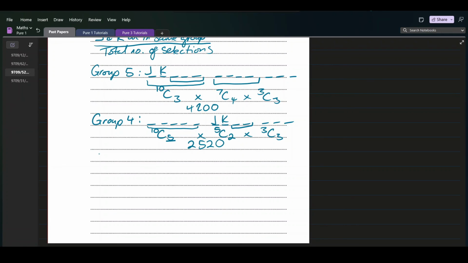2,520. Now let's move on to the group of 3. In this scenario, J and Kaz are in the group of 3. So that's the group of 3, J and Kaz are here. And that means we have 10 people going into 5 slots.